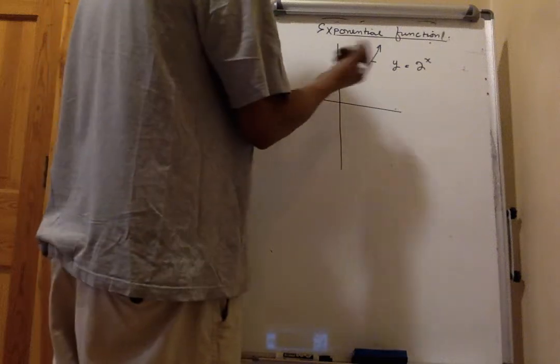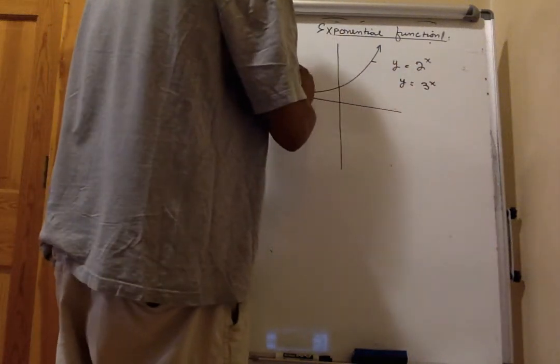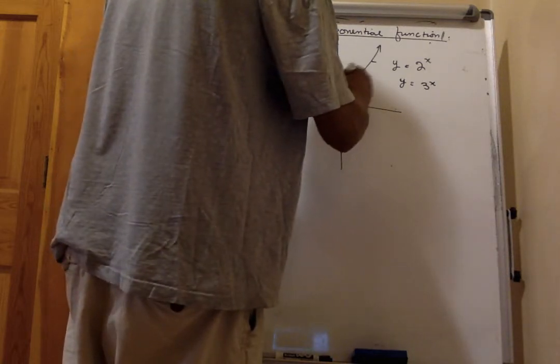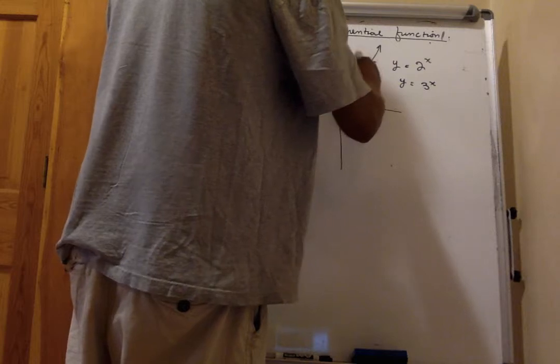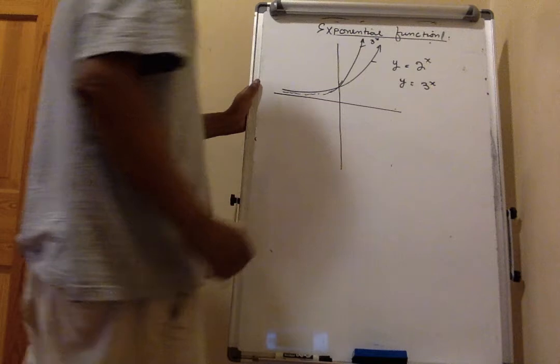So if you are asked to graph y is equal to 3 to the x, you would always end up with a y-intercept at 1, and this would be 3 to the x.